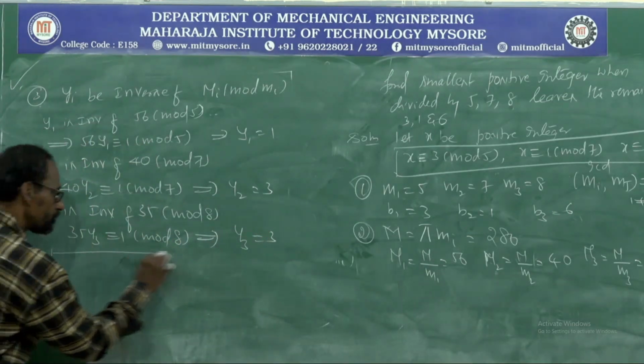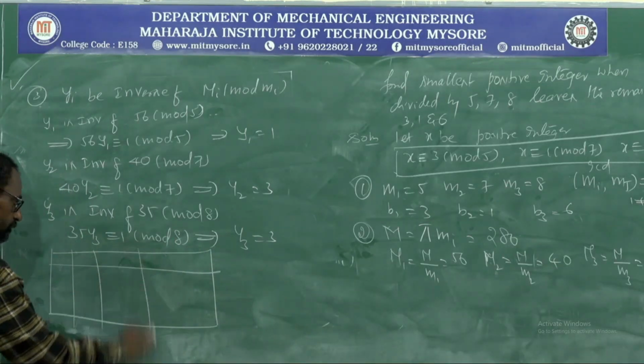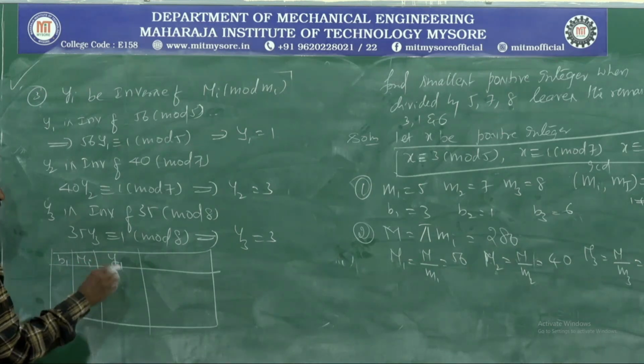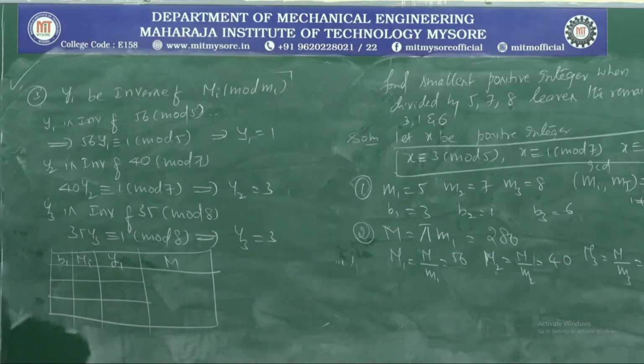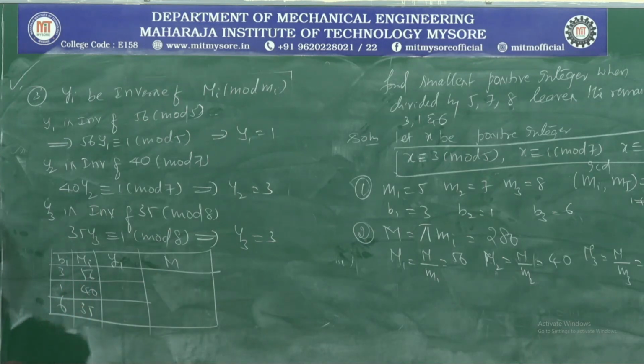Now construct the table. What is the table here? It is going to be bi, capital Mi, small yi, capital M. 3 equations are there. What is b1, b2, b3? 3, 1, 6. What is capital M1, M2, M3? 56, 40, 35.